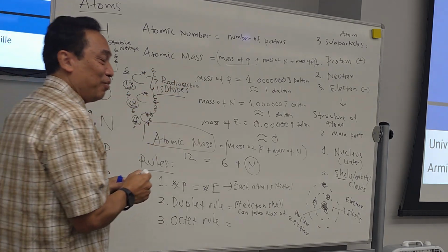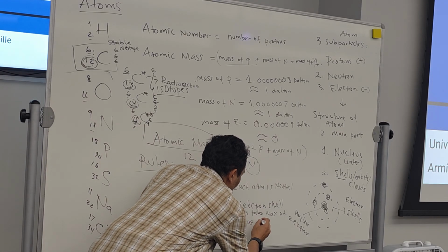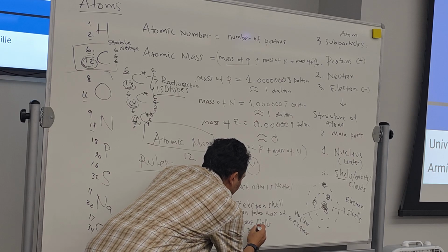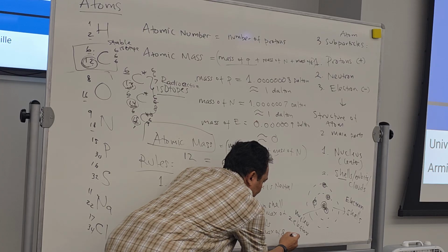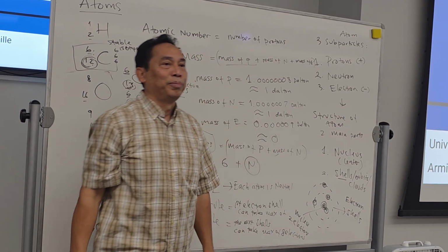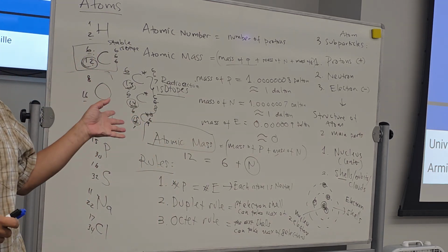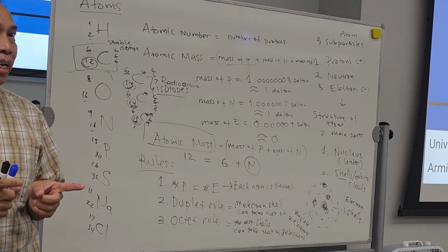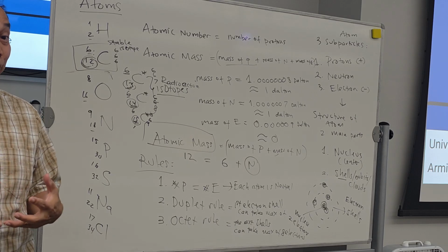So it refers to the next shell, which can take a maximum of 8 electrons. Then we will apply these rules when drawing the structure of an atom, and after that it's going to be easy for you to know how this atom will behave.